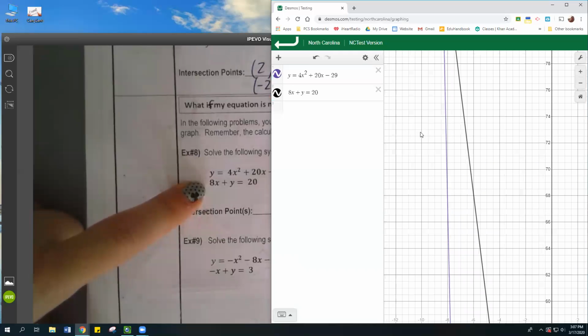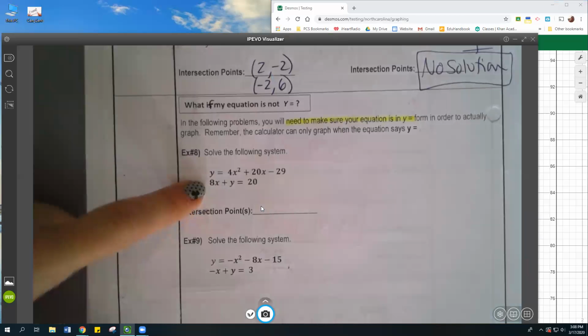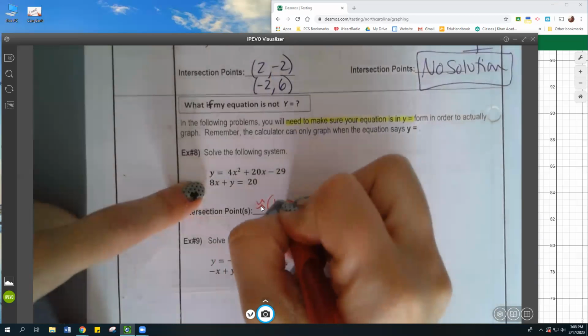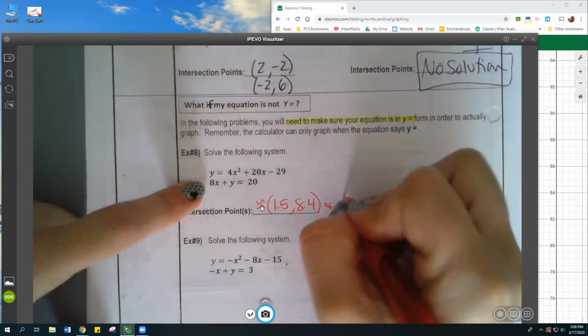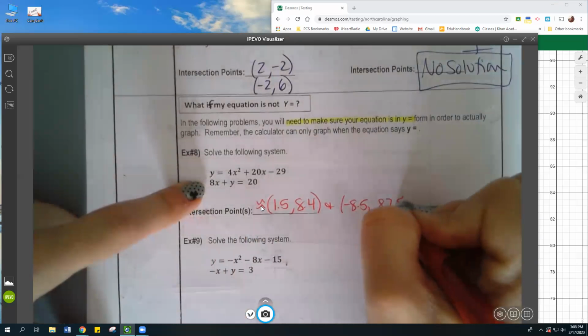And if I drag and click up to my other intersection, we'll see that is a decimal as well. I'm going to make that a negative 8.5, and then this is going to be approximately 87.6. So my intersection points are going to be approximately 1.5 comma 8.4 and negative 8.5 comma 87.5.